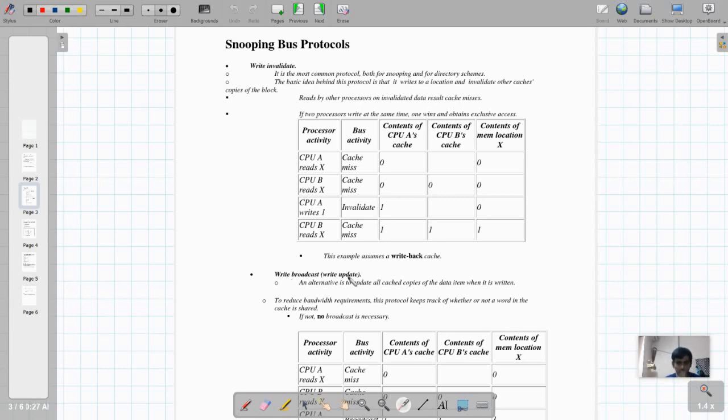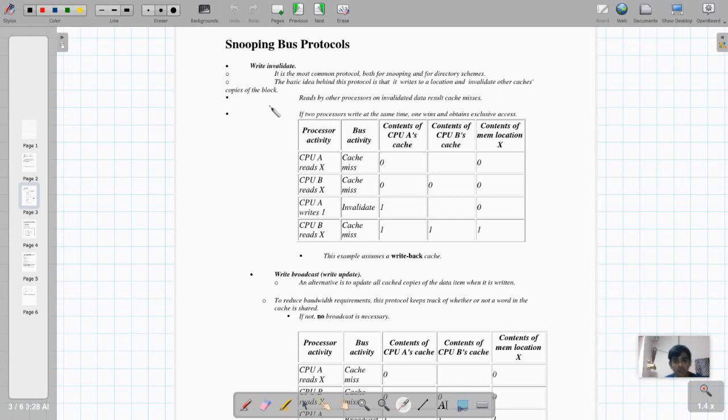So how do they go? In write invalidate, what happens? The basic idea behind this protocol is that it writes to a location and invalidates other caches' copies of the same block.